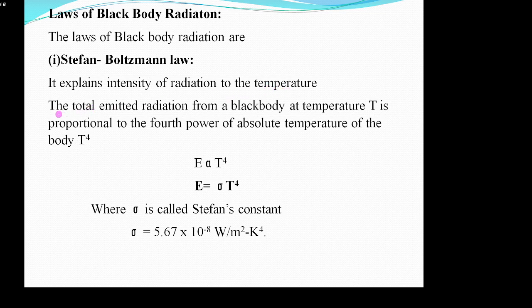It says that the total energy emitted from a black body at a temperature is proportional to the 4th power of temperature. So E is directly proportional to T power 4. If I remove the proportionality constant, E is equal to sigma T power 4.